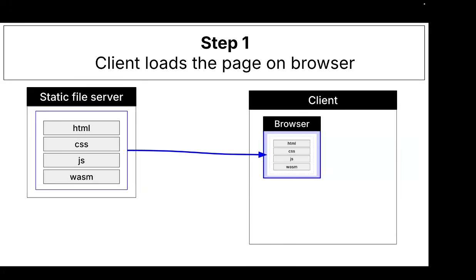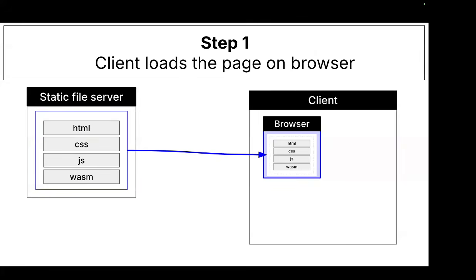And when you click enter, what the browser essentially does is download from a remote server a bundle of files. These files are HTML, CSS, JS, and in this case also WASM, which stands for WebAssembly. This is the code that handles the inference.